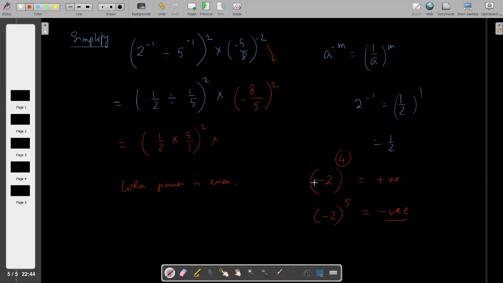If it is negative inside, then it is always positive. Again when power is odd, the outcome will always be negative if the base is negative. Okay, so I think it's clear.